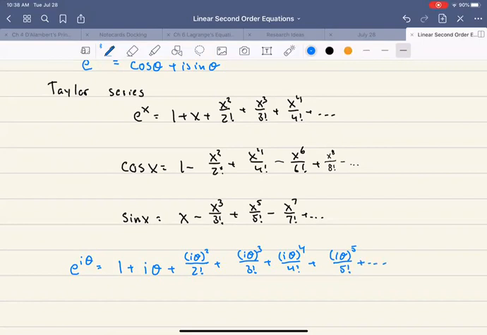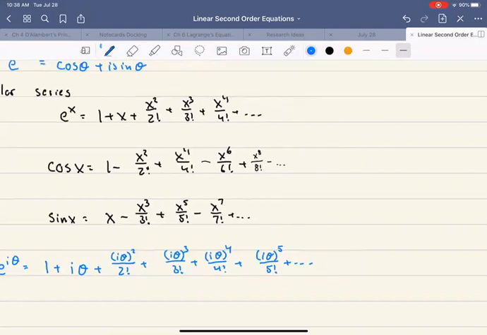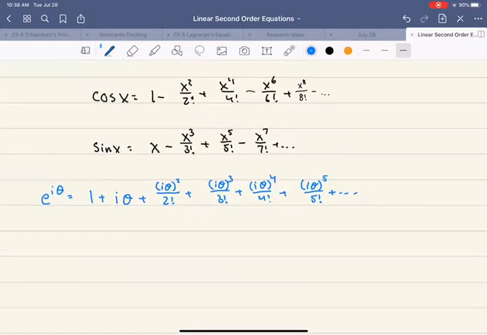Now, one thing to remember about i, which I know we don't teach here, and I'm sorry, but that's just how it is. i to the first is just i. i squared is -1. i cubed is i squared times i, which is -i.